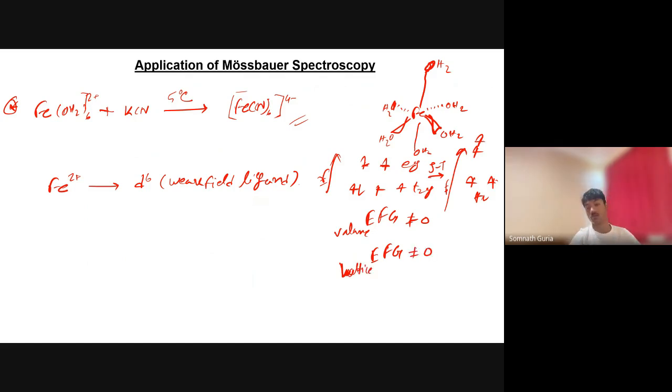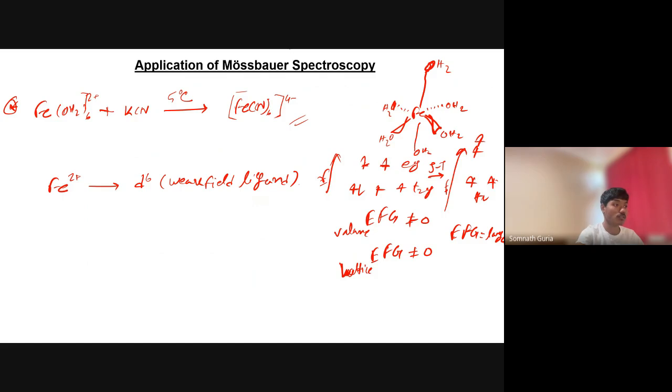If the lattice is non-zero, then the total effective EFG will be large. Then we will get a highly split Mossbauer quadrupole splitting, delta EQ.